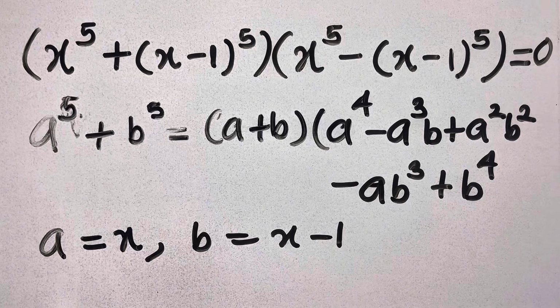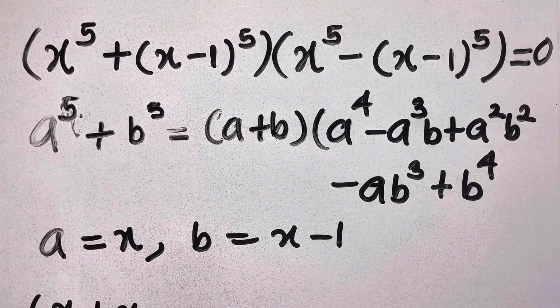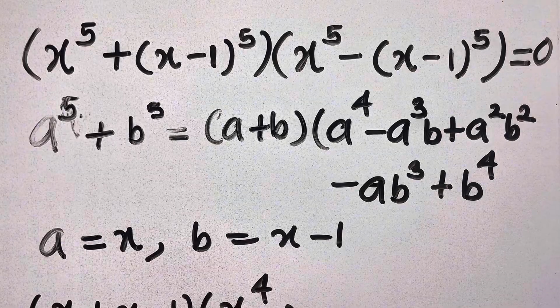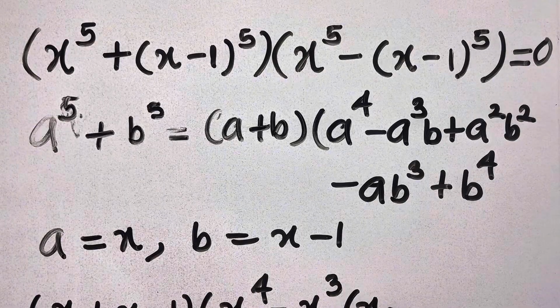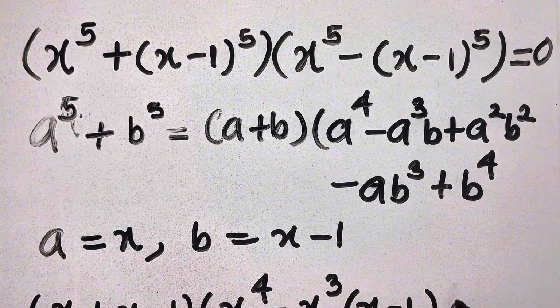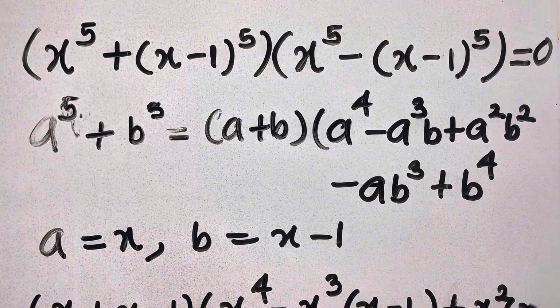Applying it, we are going to have x plus x minus 1, then we have x raised to the power 4 minus x raised to the power 3 times x minus 1 plus x raised to the power 2 times x minus 1 squared.